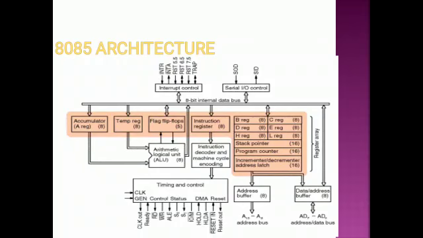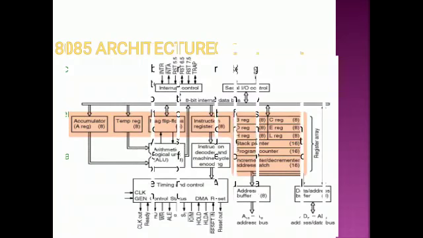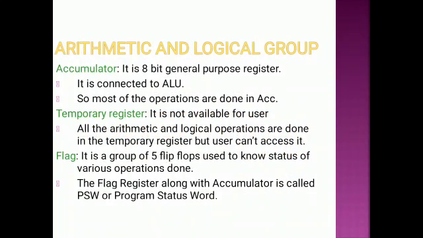Instruction and control unit contains instruction register, instruction decoder, and the timing and control unit. And the last one is the general purpose registers, which contain 6 8-bit general purpose registers and 2 special purpose registers, and 2 more blocks are here. One is the interrupt controller, another is the serial input output controller.